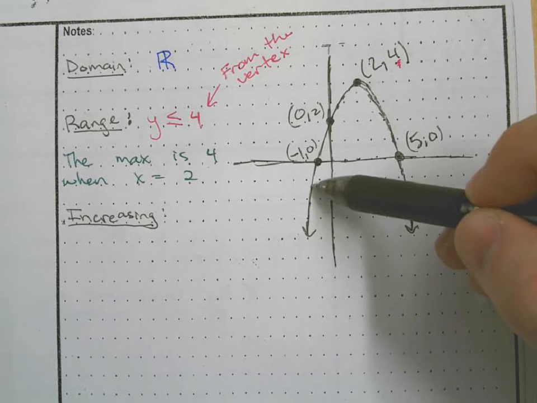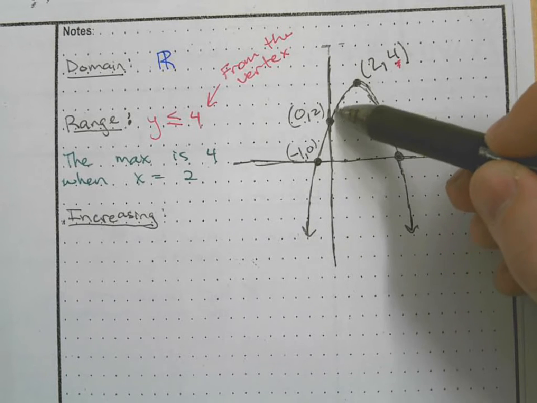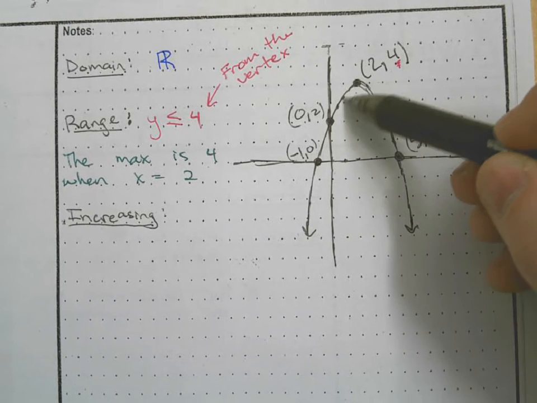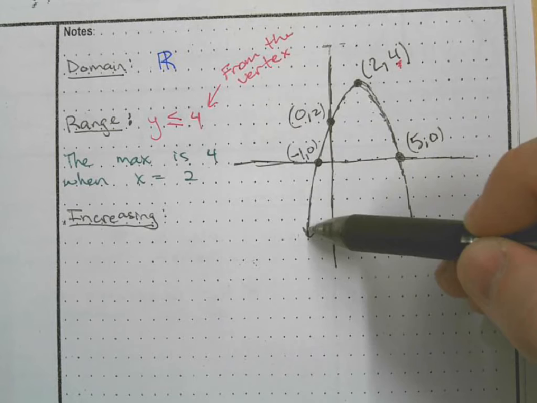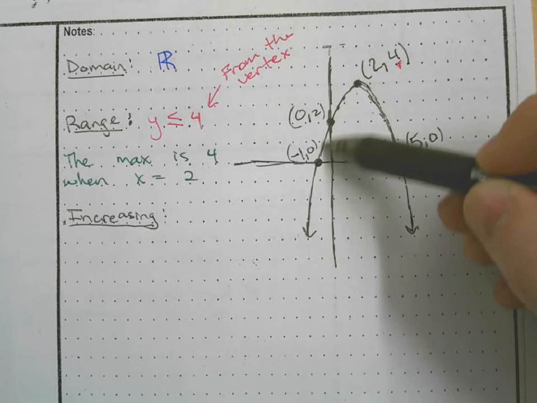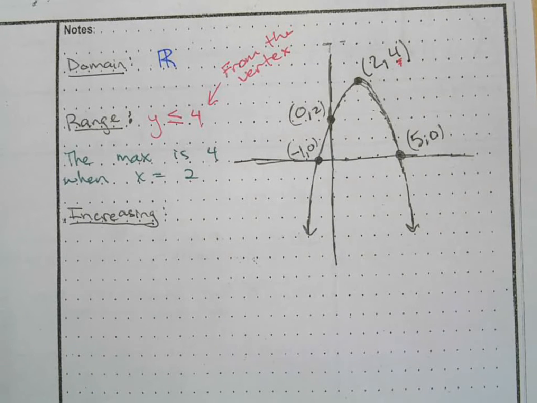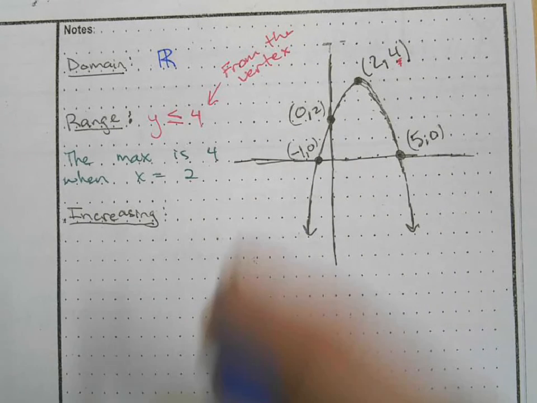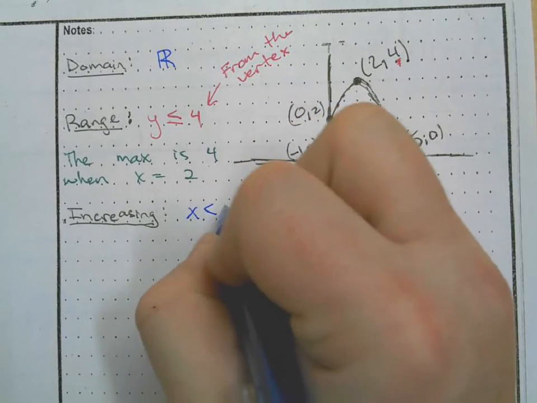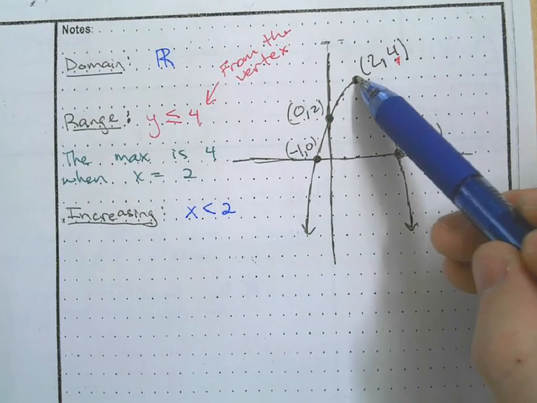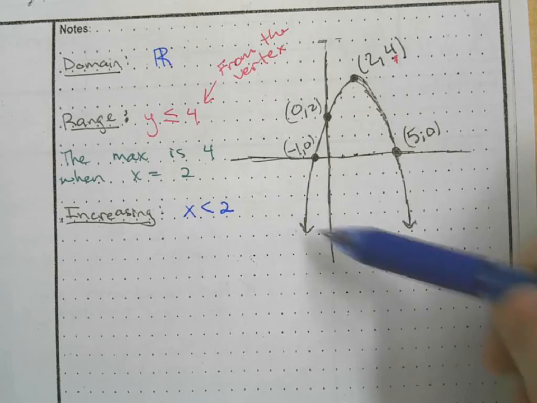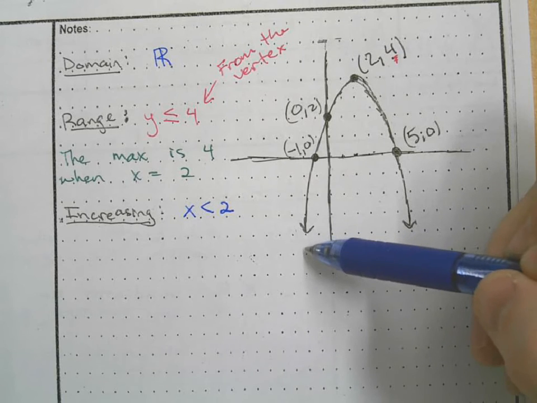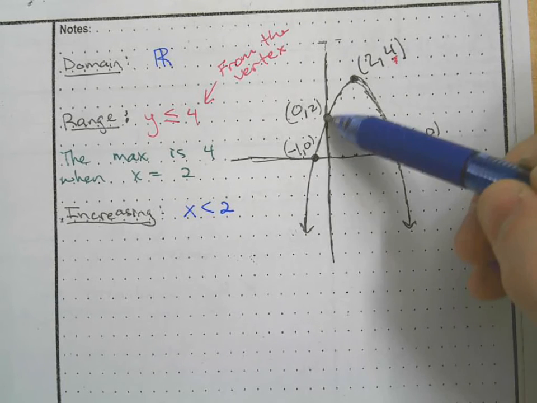So my y values are increasing. But how would I state the x values that define that? I will state the x values that are less than 2. So when I have any x value that's less than 2, my y values are increasing.